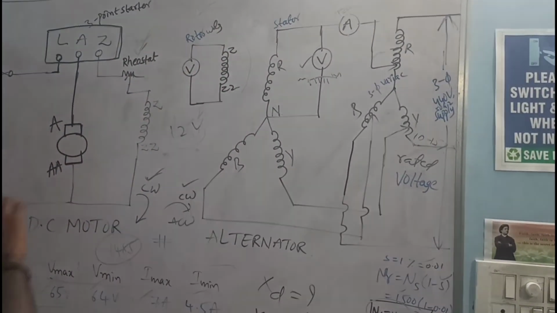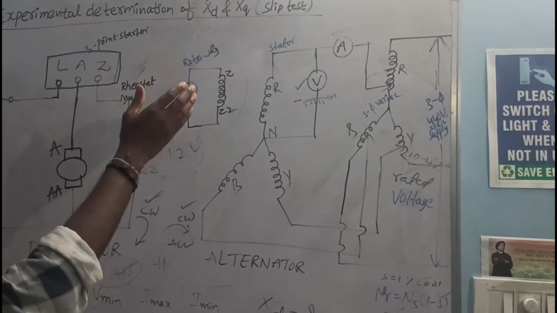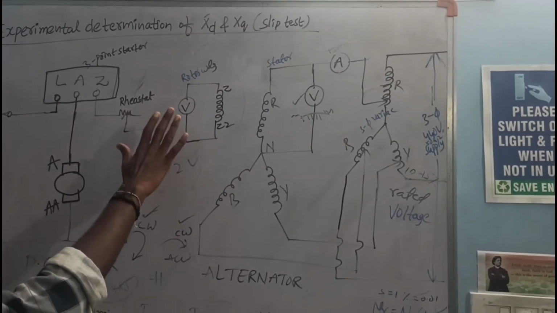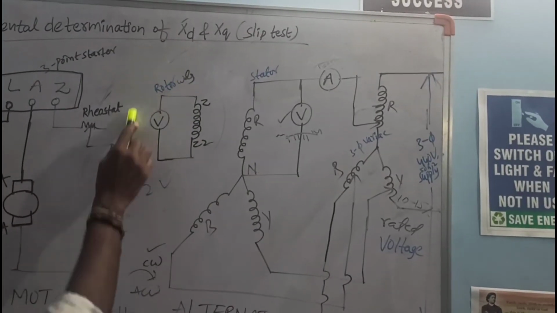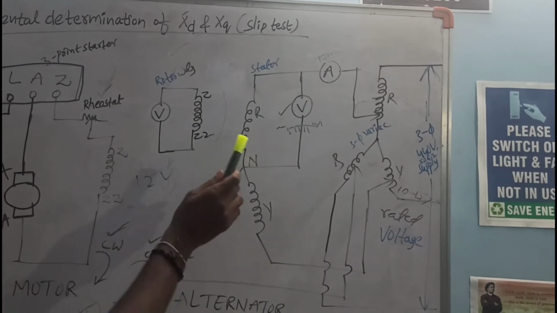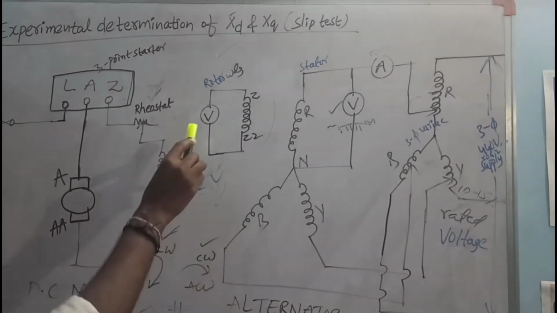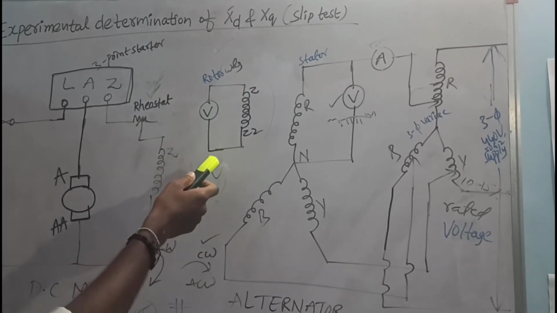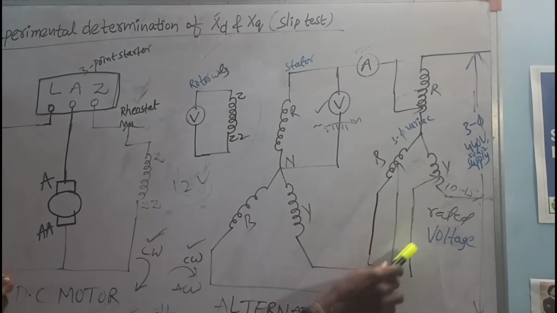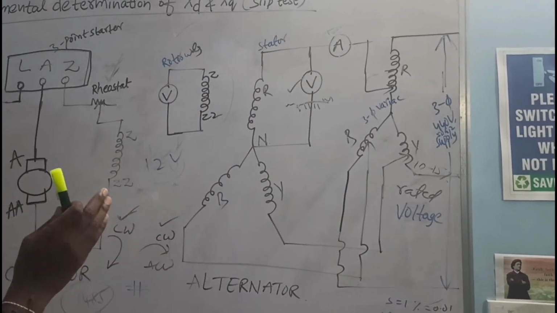The slip test concept, or the two reaction theory, means this is the rotor winding and this is the stator winding. From the basics of the alternator, the rotor winding is excited by a DC source and given mechanical energy, then EMF is induced in the stator winding. That is the main basic concept of the alternator.